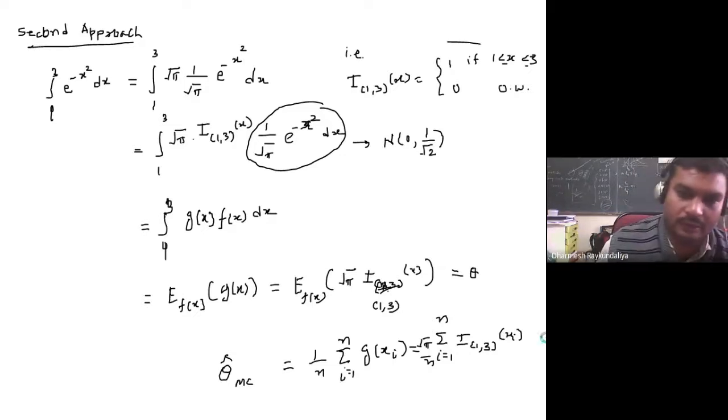And variance is nothing but the same formula which we have discussed. s square is equal to 1 upon n minus 1 summation i running from 1 to n of g(x_i) minus theta hat MC whole square, and the standard error of theta hat MC is nothing but s upon root n.